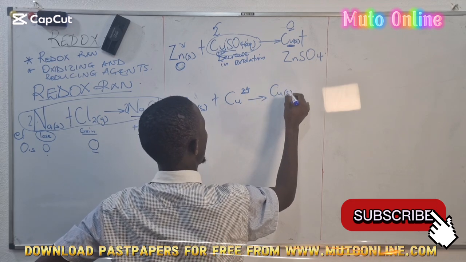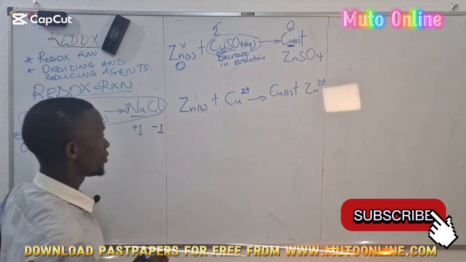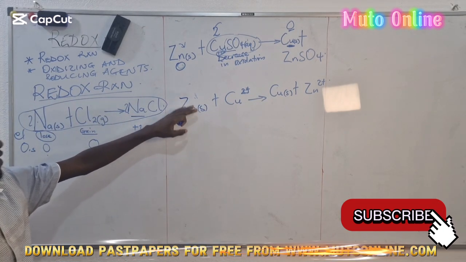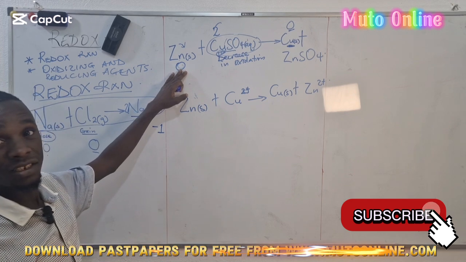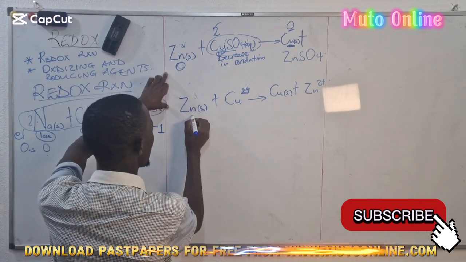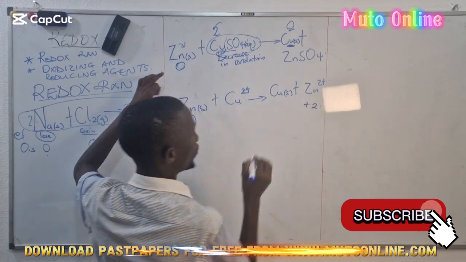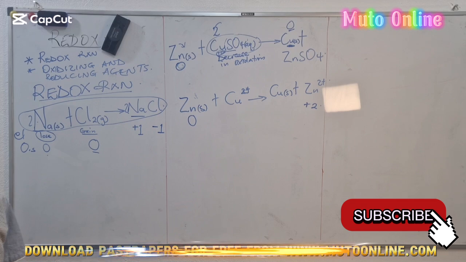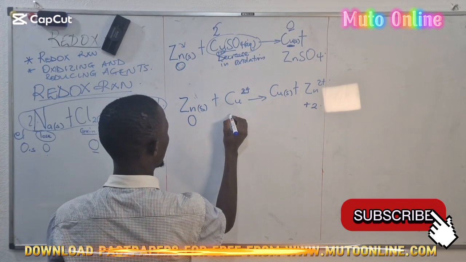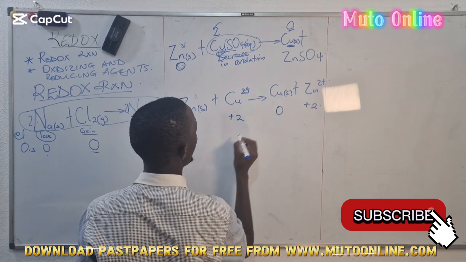We are finding that in this reaction, the zinc powder is oxidized, since its oxidation state is increasing from 0 to a positive 2. And we are seeing that of copper, it is decreasing from a positive 2 to a 0.